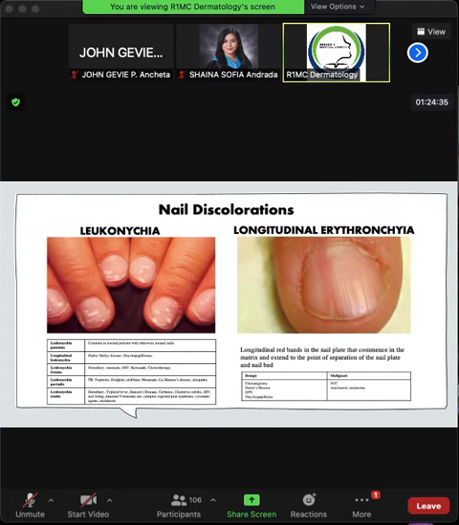So for your partial leukonychia, they may occur in patients with tuberculosis, nephritis, complex regional pain syndrome, Hodgkin's disease, chilblains, and metastatic carcinoma. And for your leukonychia totalis, they may be hereditary or of a simple autosomal dominant type.